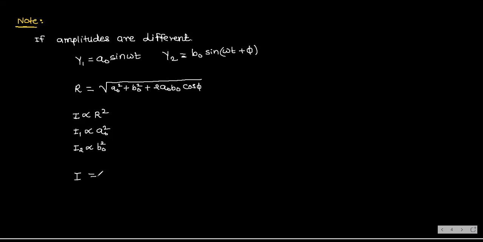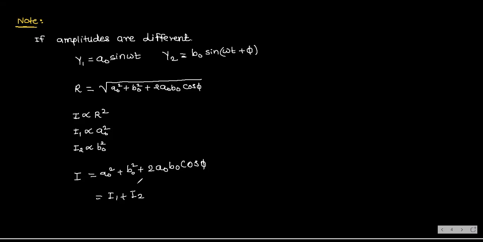I is proportional to R square. So A naught square plus B naught square plus 2 A naught B naught cos of phi, that is equal to I1 plus I2, keep here B naught.